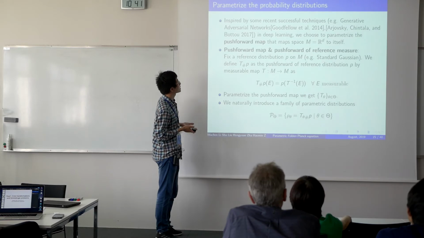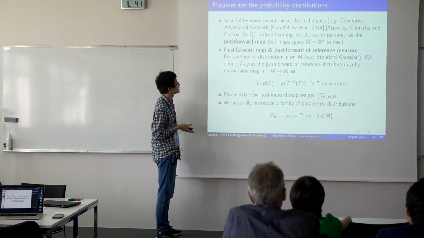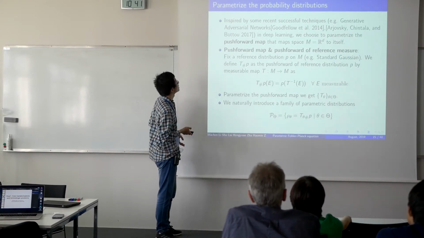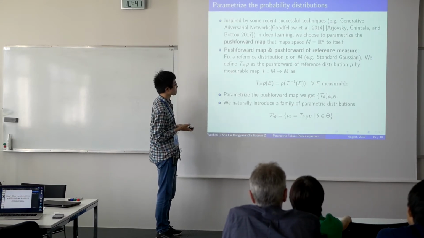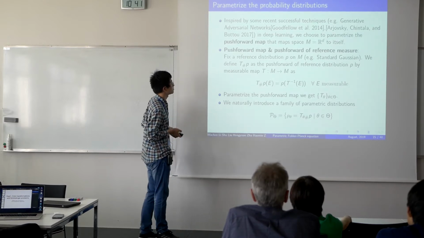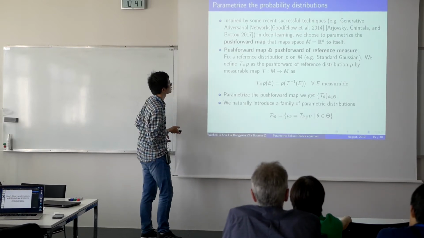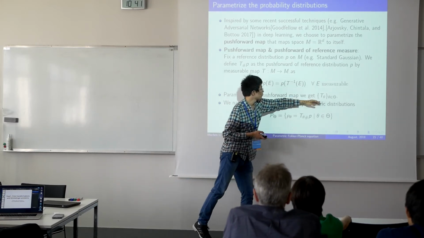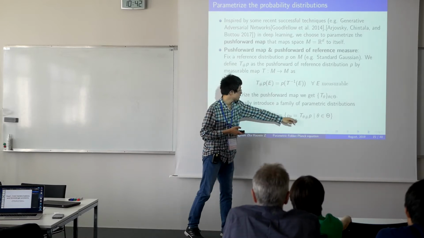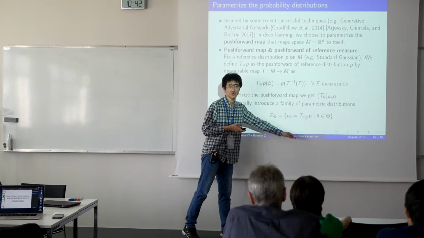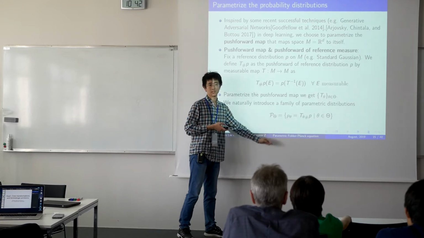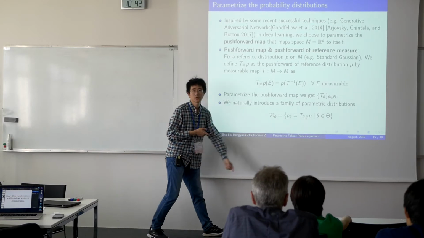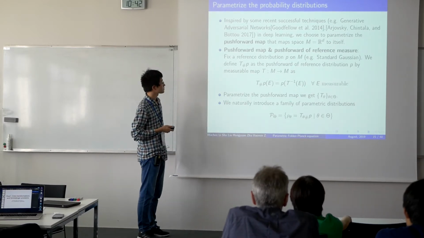Since push-forward maps show their strong ability, that is why we choose push-forward maps to parameterize our probability distributions. So here's a simple definition of push-forward maps. Our idea is to parameterize the push-forward map T theta, and we use T theta to push forward a reference measure P to get the parametric family. We will call the parametric family P theta, and we call every element in this family rho theta.